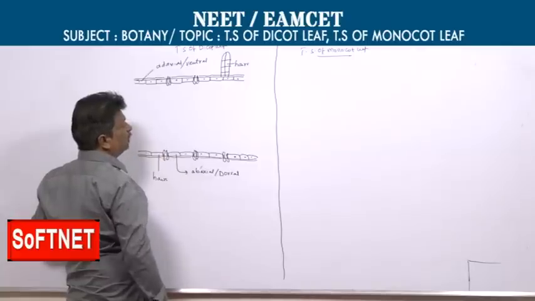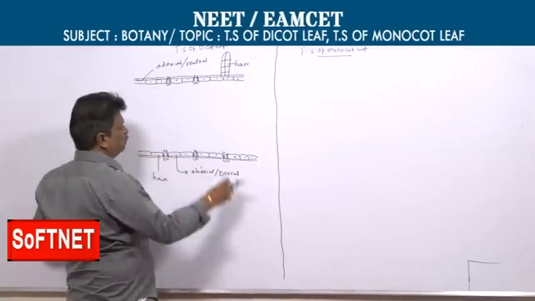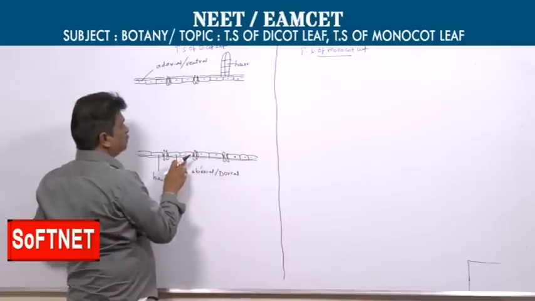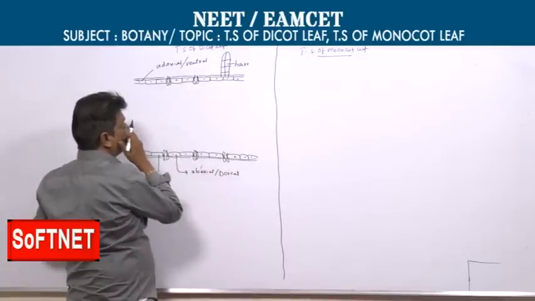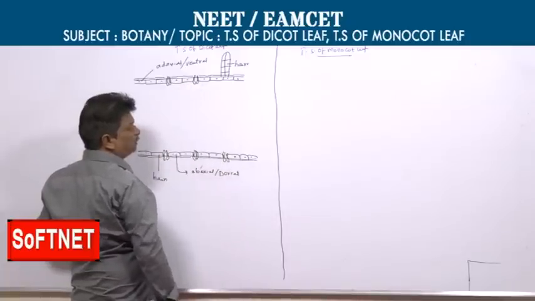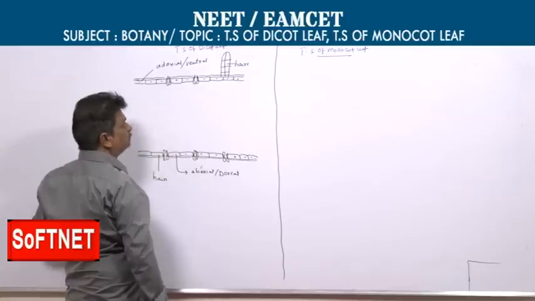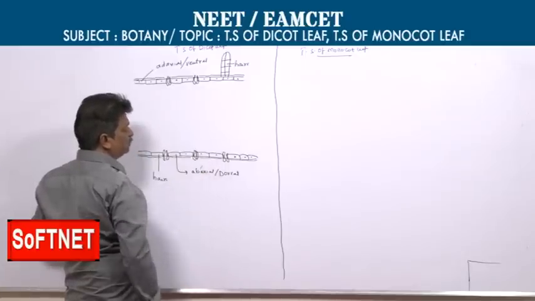Because of that cuticle, transpiration is reduced. Generally, transpiration takes place through stomata, which also help in respiration, but the cuticle reduces transpiration.